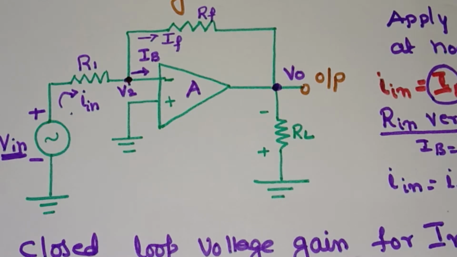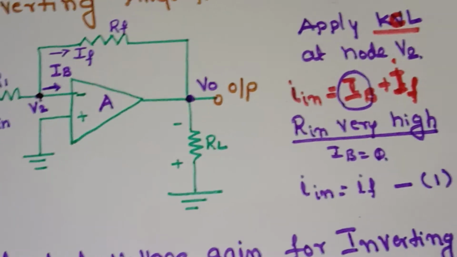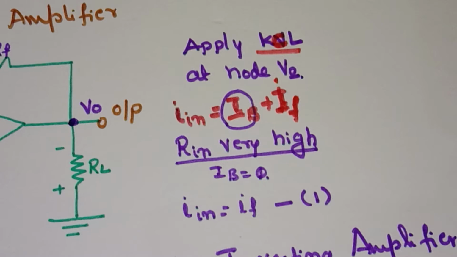IB is the bias current, IF is the feedback current, and IN is the input current. Apply KCL, that is the current law. KCL at the node V2, we get IN is equal to IB plus IF.